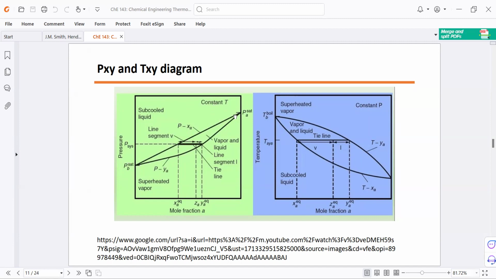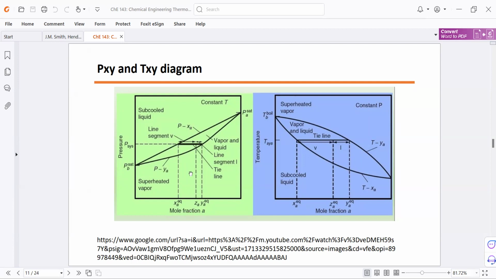We have the px curve and the py curve. Px because remember x we designate for the liquid, so it's the one on top for the px diagram, and py, y is for the vapor, so it's the curve right here at the bottom. So the line segment here represents the tie line.